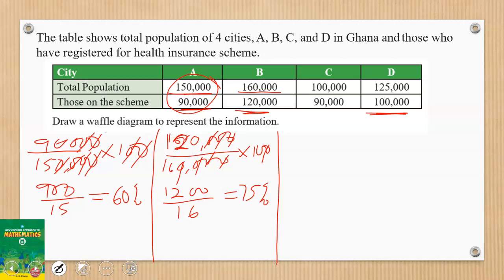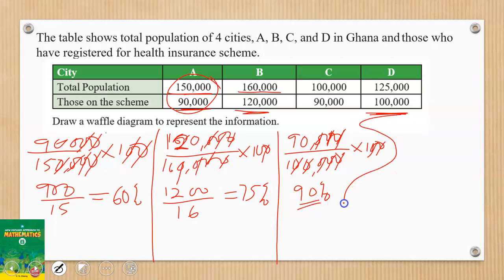Then we look at that of city C. So we have 90,000 compared to 100,000 times 100. And again, we cancel the zeros, so we have just 90% left.